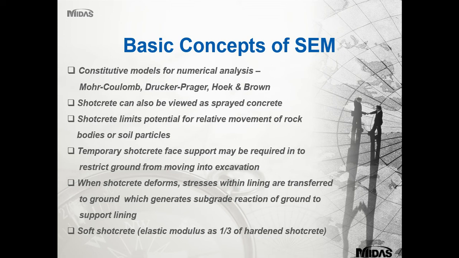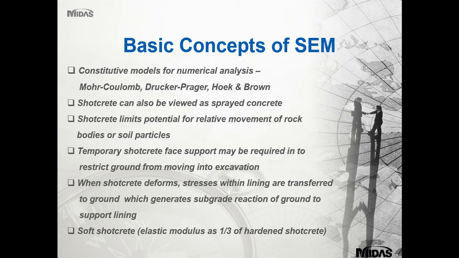Polymer reinforcement. So for a temporary shotcrete face, the support may be required to restrict ground from moving in excavations. So this is of course where you spray a layer of concrete onto the face, you harden it and then you excavate it. A very wasteful procedure, but something we can do nonetheless within the program.